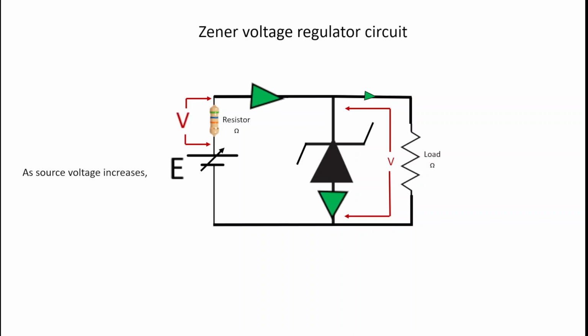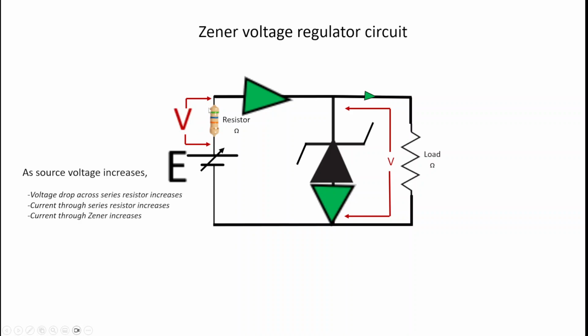Notice as the source voltage increases, the currents in various locations increase also, and that's due to the voltage across this series connected resistor. So the current increases here, and the current increases through this Zener diode. But notice, the voltage across the load remained unchanged, and that's the entire purpose of this system.